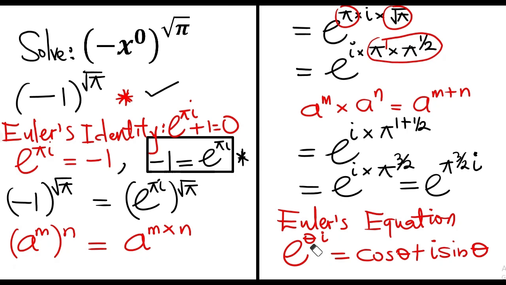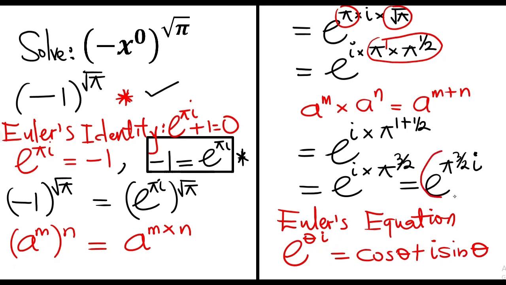If I look at what I have here, this equation is similar to my expression, because theta stands for pi to the power of 3/2, while I still have i here, in the same format.